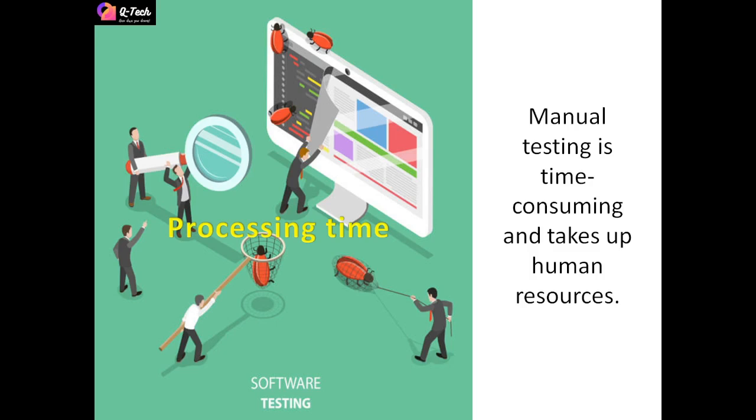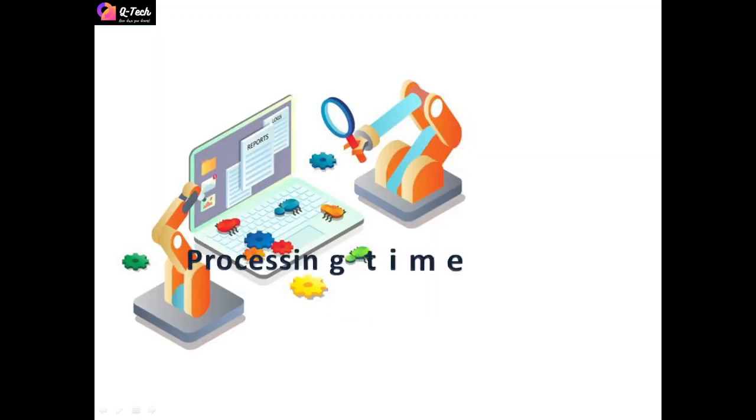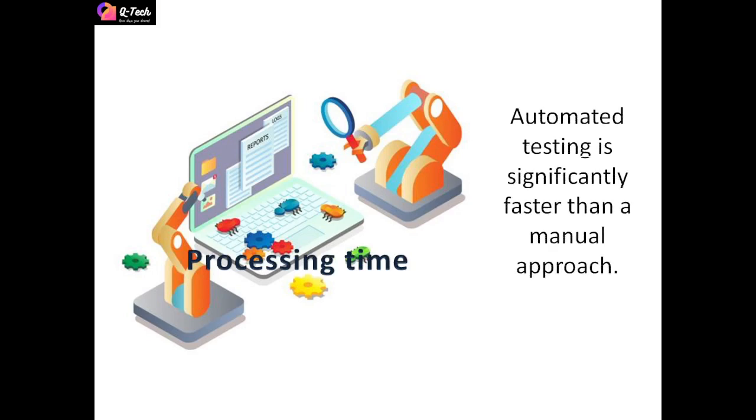But as compared to that, in automation testing, processing time is less, because very few humans are required, since we are using automation tools. Automation testing is significantly faster than a manual approach. So the first difference between manual and automation is processing time.